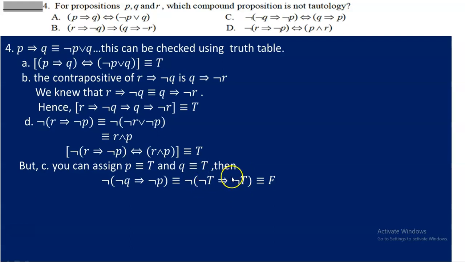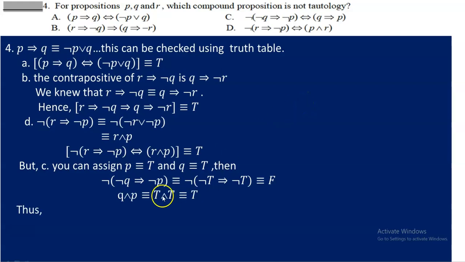False implies false is true. Due to the presence of negation outside, this turns out to be false. So this is obtained to be false. We have assigned that P and Q are true. True implies true is true. So false biimplies true is going to come, which is false.